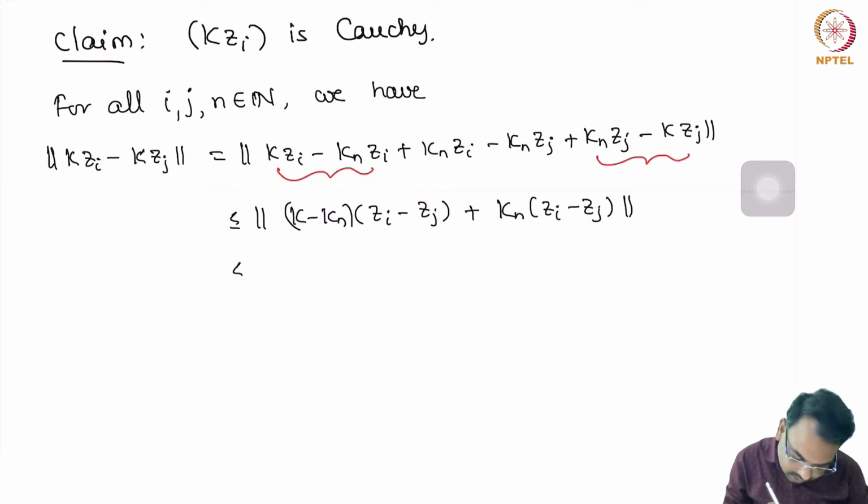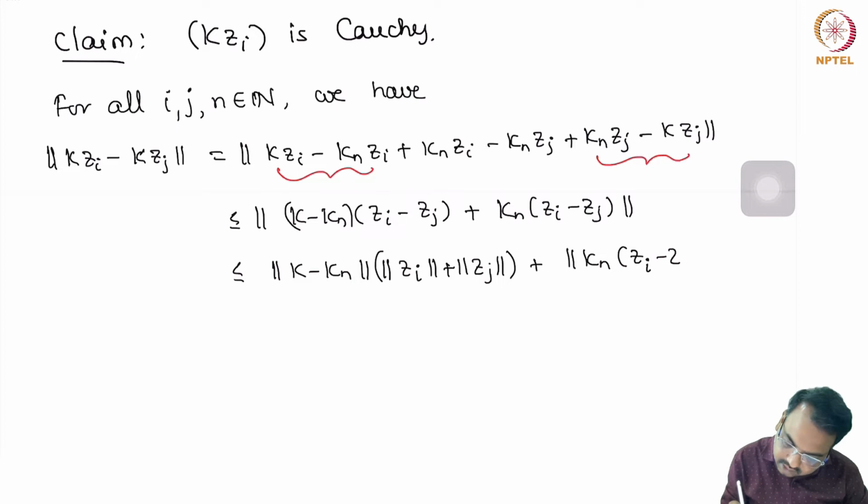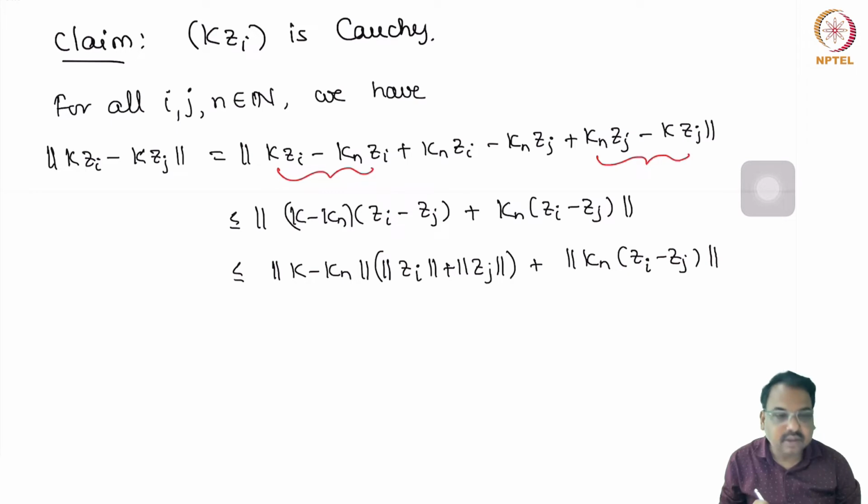If you apply the triangle inequality, this is less than or equal to norm of K minus Kn times norm zi plus norm zj, plus norm of Kn (zi minus zj). Now we know that Kn converges to K, and this sequence zi is bounded, so we can make the first term less than some fixed quantity.